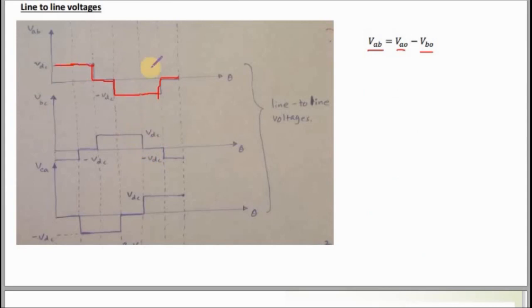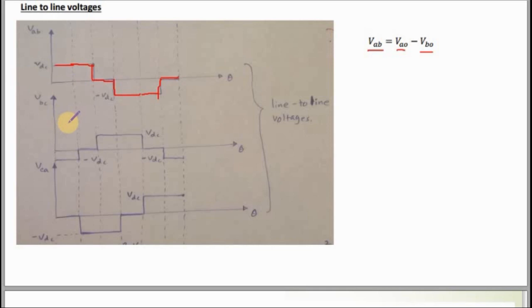Now you can take another one, VBC. VBC is equal to VBO minus VCO. Then you can again derive this waveform as well.